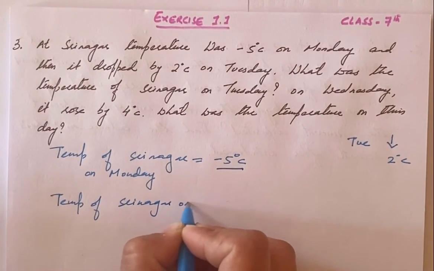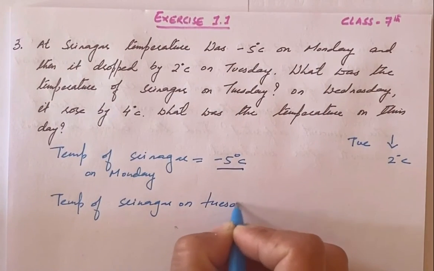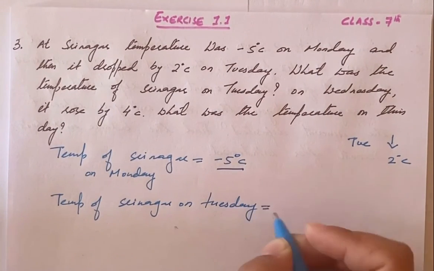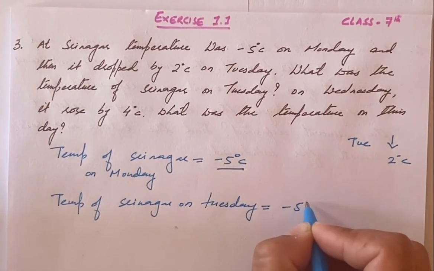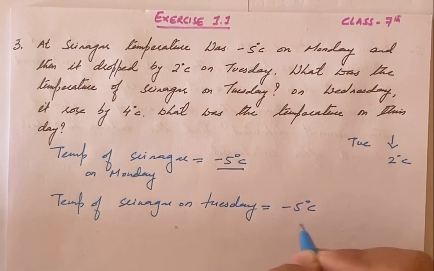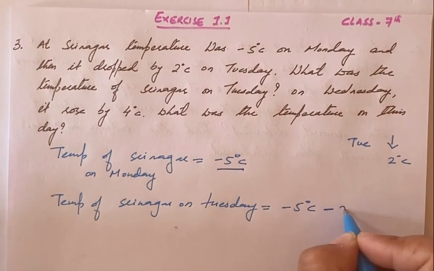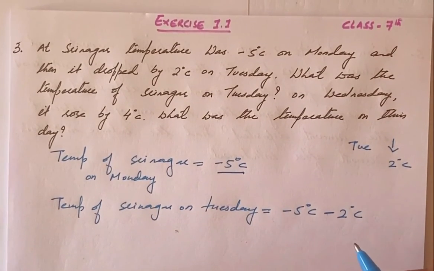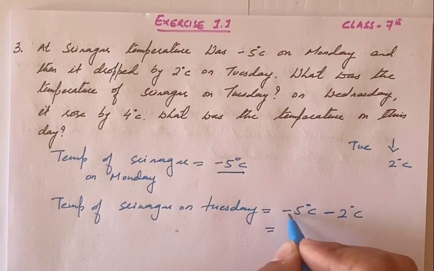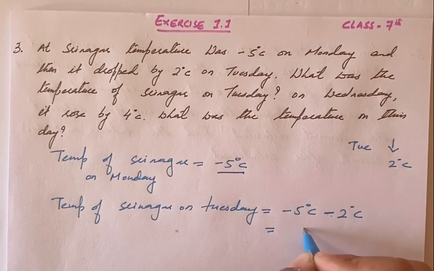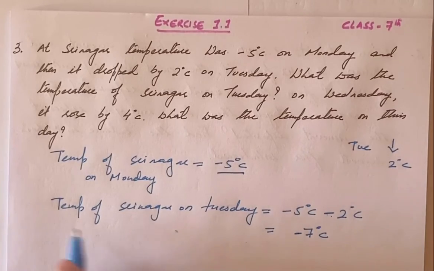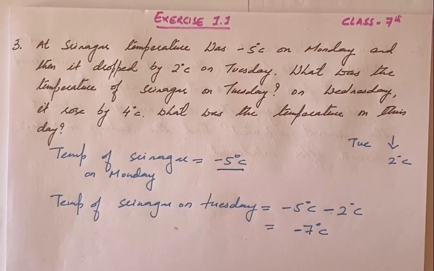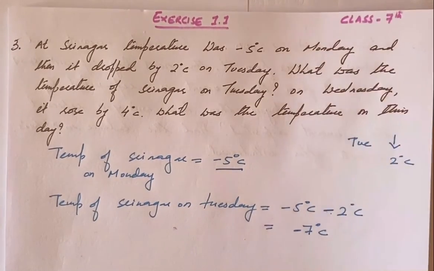On Monday it is minus 5 degrees Celsius, then on Tuesday it dropped, which means we have to subtract 2 degrees Celsius. That is minus 5 minus 2, which is minus 7 degrees Celsius. On Tuesday, the temperature is minus 7 degrees Celsius.